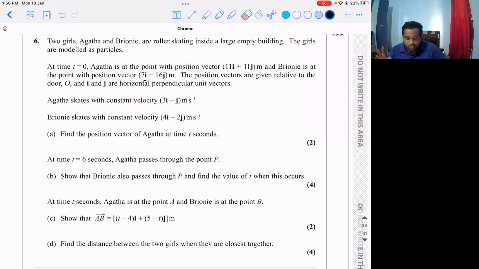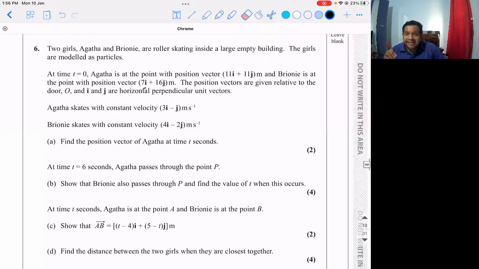In this question, two girls, Agatha and Bryony, are roller skating inside a large empty building. The girls are modeled as particles. At time t equal to 0, Agatha is at the point with position vector 11i plus 11j meter, and Bryony is at the point with position vector 7i plus 16j meter.